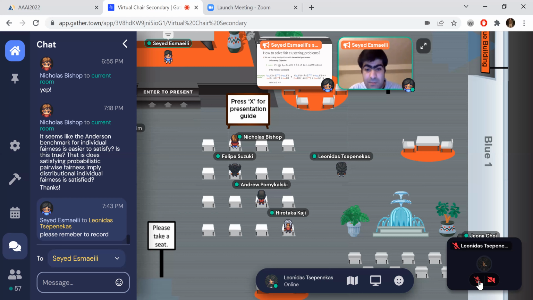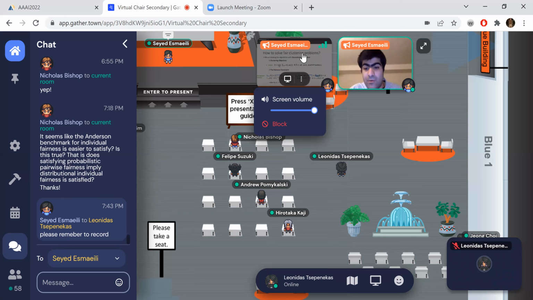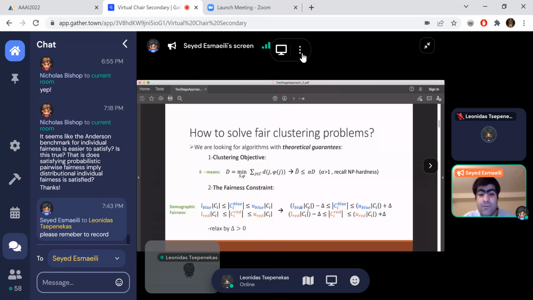You have the same guarantee, Ci blue is lower and upper bounded, but instead of being upper bounded by U blue times Ci, we relax it a bit. We add delta, where delta is strictly greater than 0. This enables larger violations; it's a small violation of the upper bound U blue times Ci. And similarly for the lower bound, instead of L blue times Ci, we subtract delta and allow a smaller lower bound. And similarly for the red color as well.